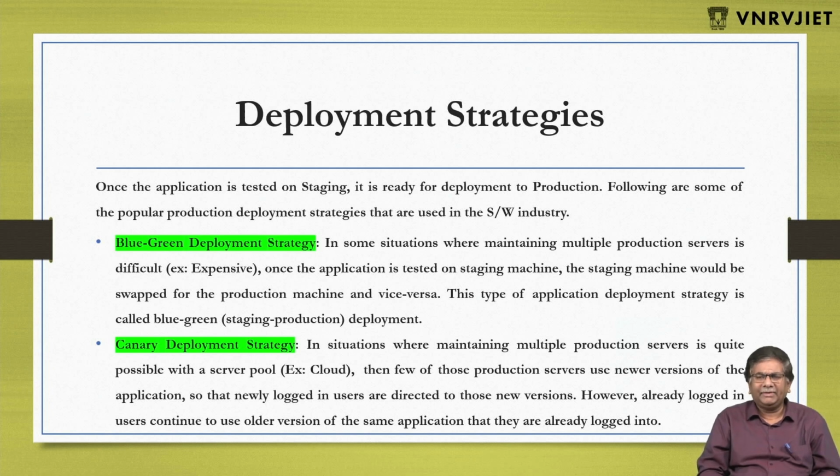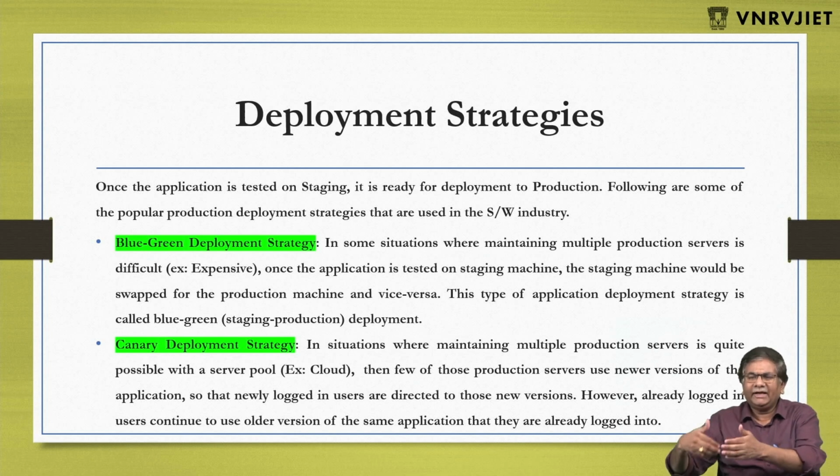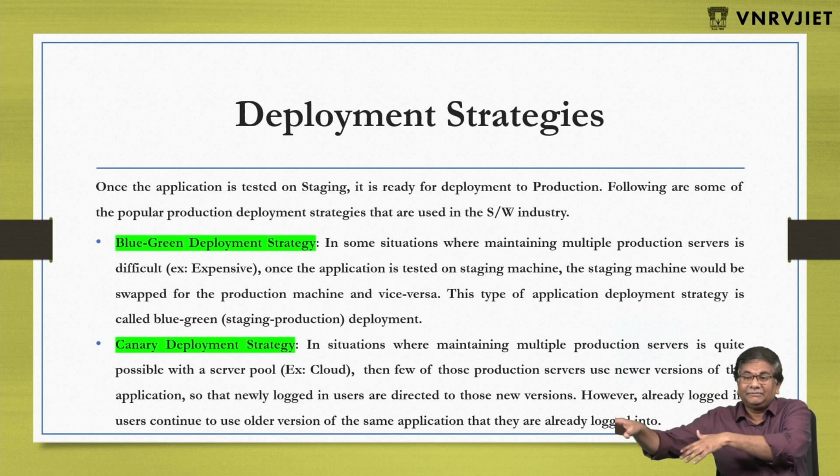What is blue-green deployment? Now, as you know, once the build artifact is ready in the build server, whether it is being done manually or automatically doesn't matter, whether it is delivery or deployment doesn't matter. It is tested on the test machine. Once it is tested, it is put onto staging, where specialized users test the software from the perspective of the customer.